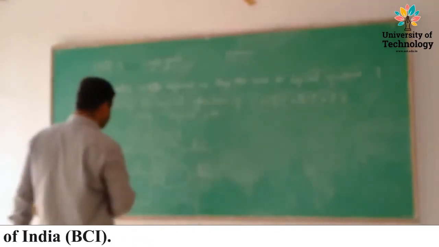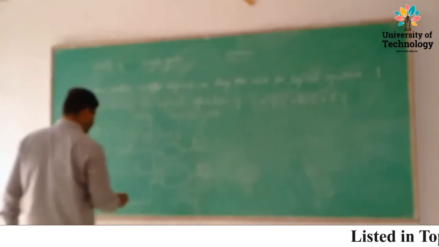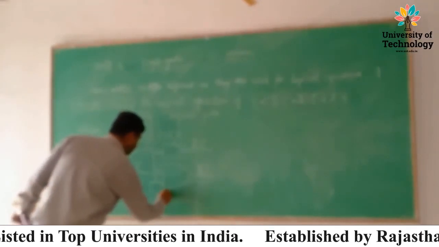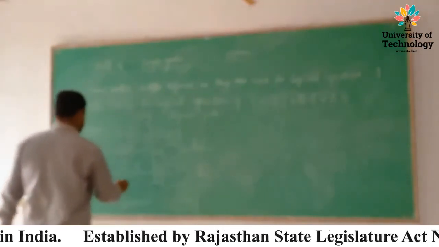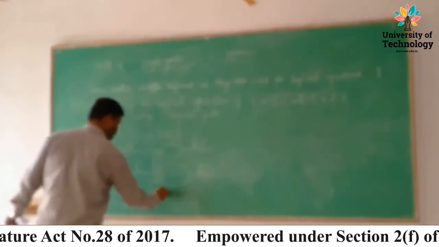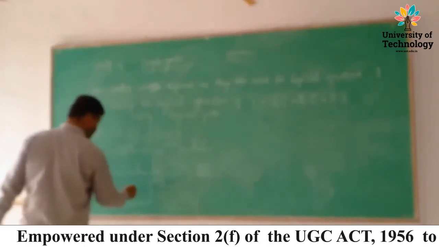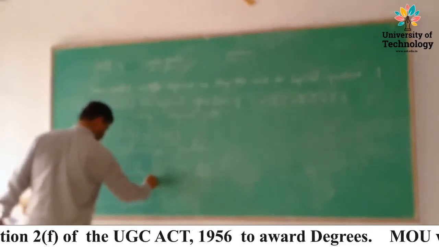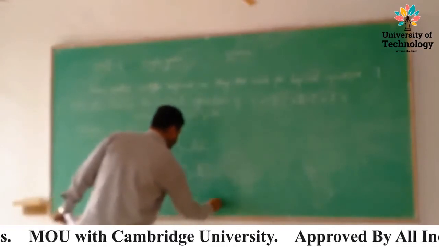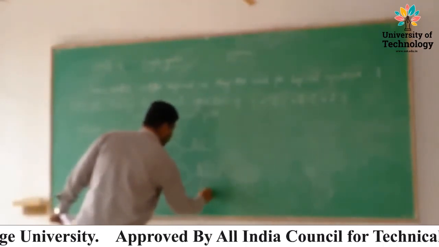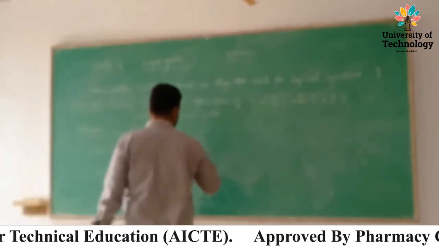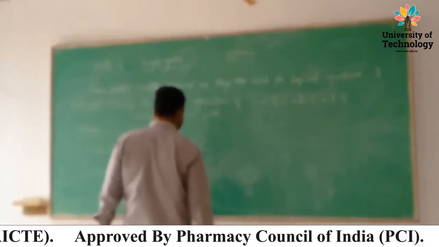And third part A bar dot B bar. Here we will get A bar dot B bar. A bar dot C bar obtained, B bar dot C bar obtained, A bar dot B bar obtained.